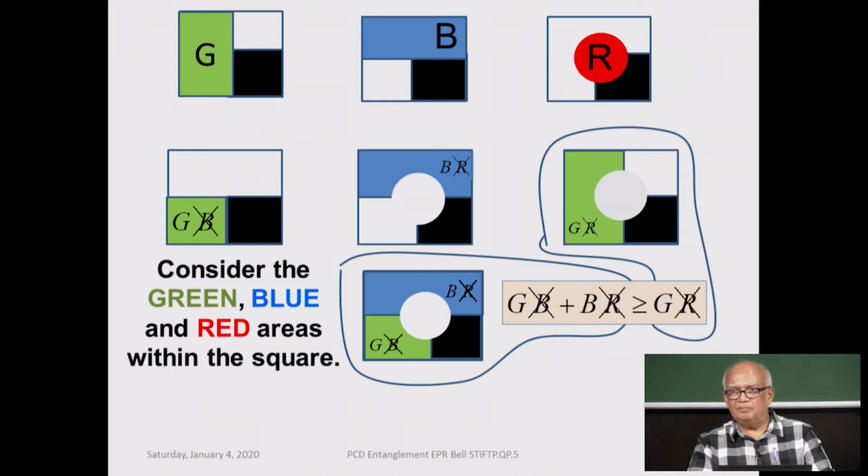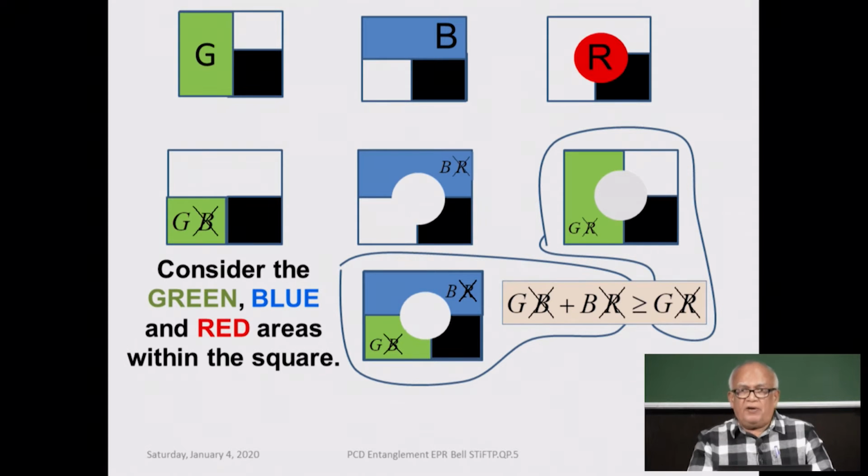Right? So, green not blue plus blue not red is greater than or equal to green not red. Okay? So, this is an inequality. This is actually the Bell's inequality. Okay?